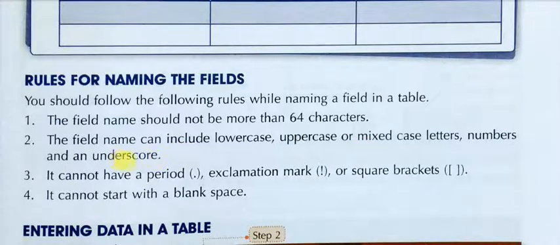So you can have underscore, uppercase, lowercase, okay, and numbers. The next, it cannot have a period, that is dot, exclamation mark or square brackets. It cannot start with a space, blank space. So these are some of the rules of naming the different fields or the columns.